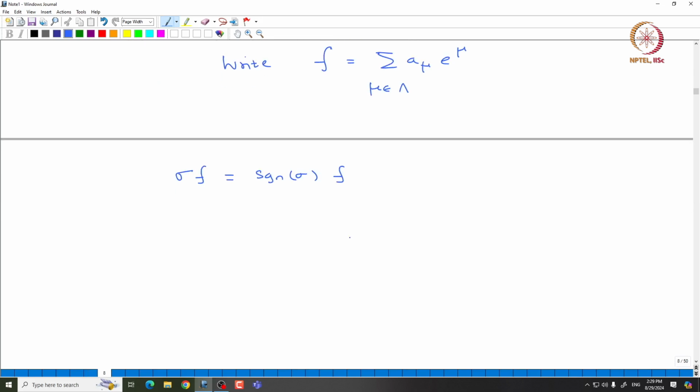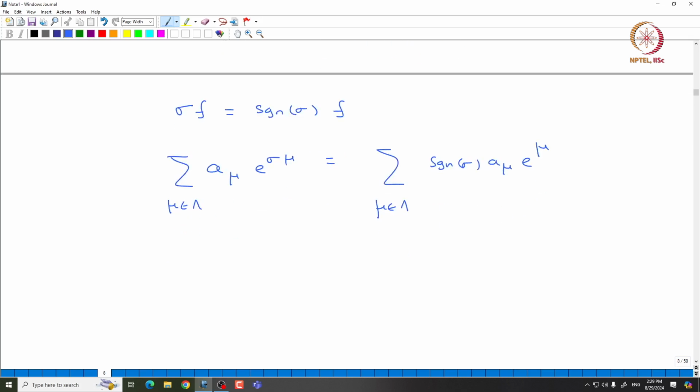So, this says summation a mu e power sigma mu, mu in lambda, is the same as summation sign sigma a mu e power mu, mu comes from lambda. Okay. Now one can compare the coefficients of e power mu on both sides. The coefficient of e power mu on the left is going to be a sigma inverse mu, which is the same as sign of sigma a mu on the other side.